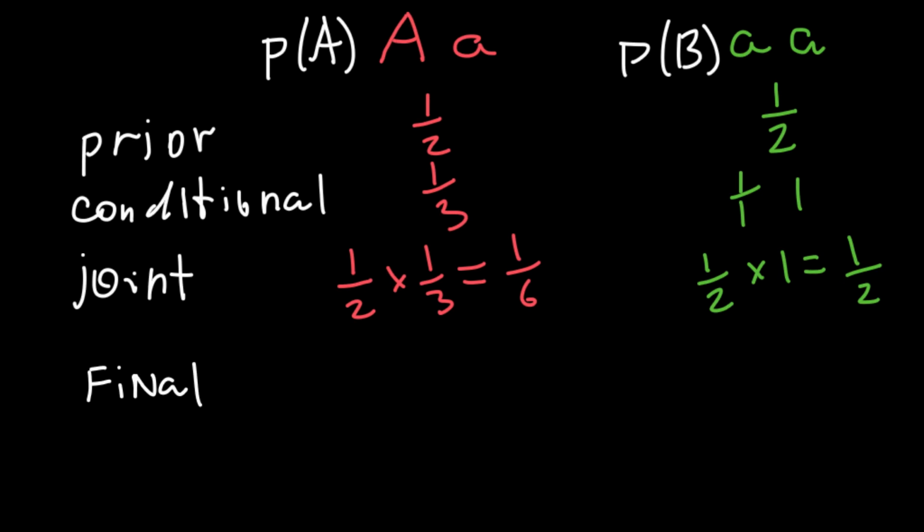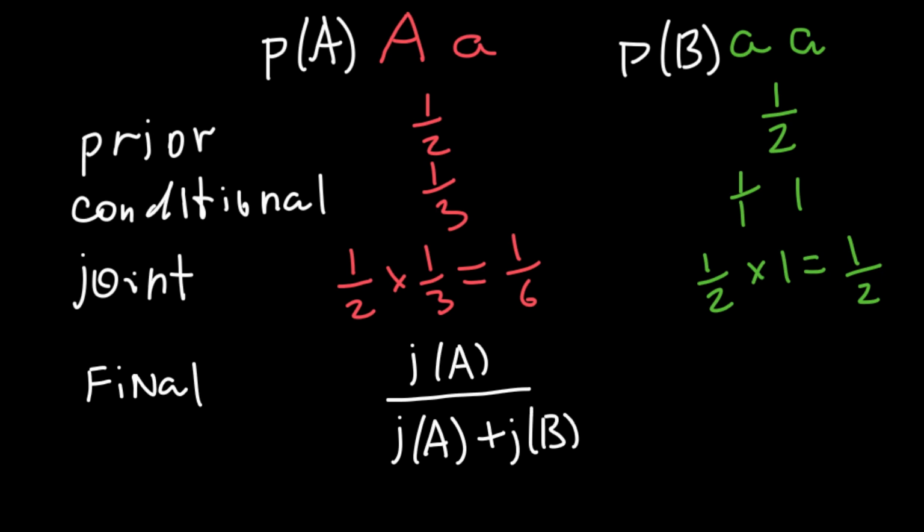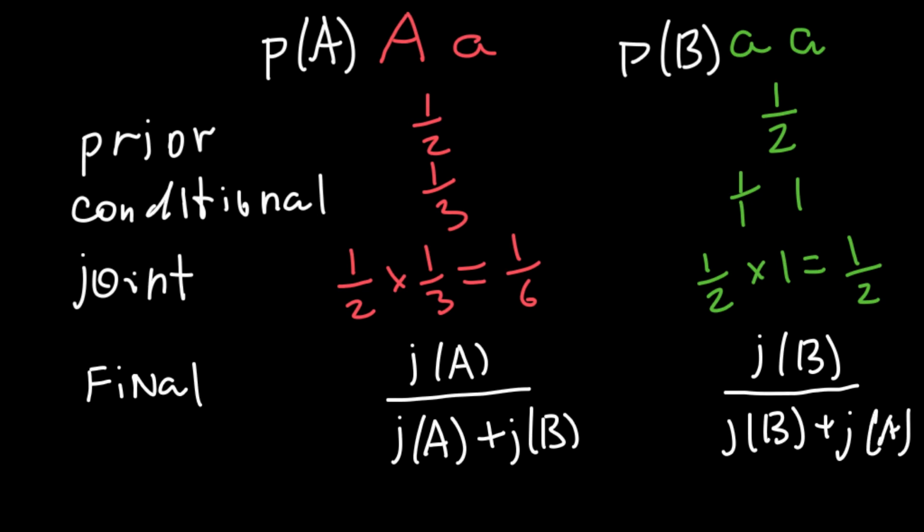So joint probability of event A divided by joint probability of event A plus joint probability of event B. And in this column we would have joint probability of event B divided by joint probability of event B plus joint probability of event A. And of course, whatever number we get here plus this number would equal 1, or 100%.